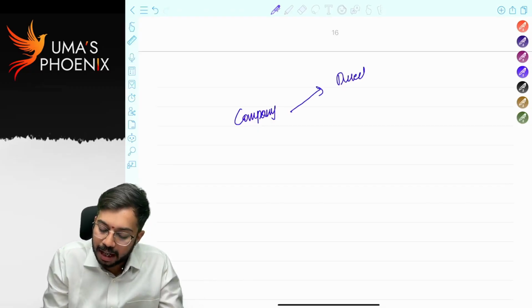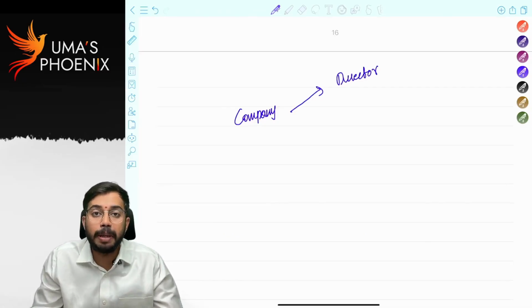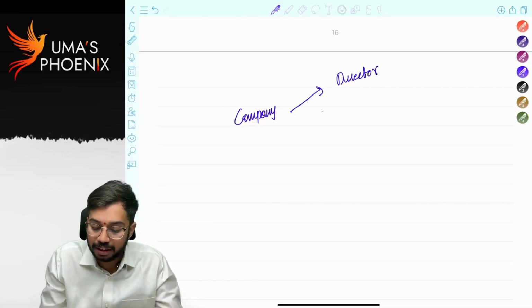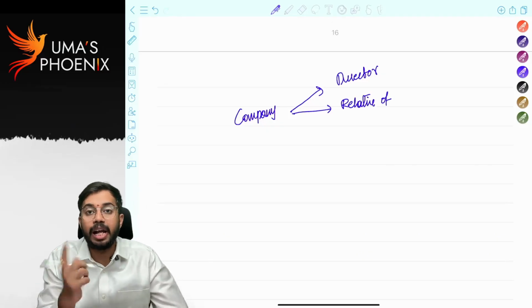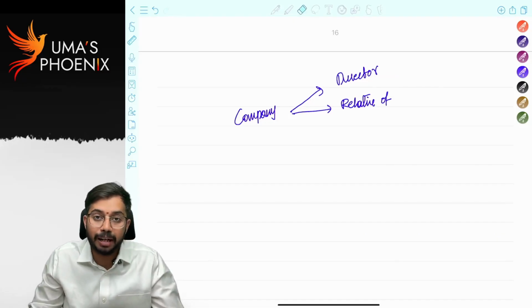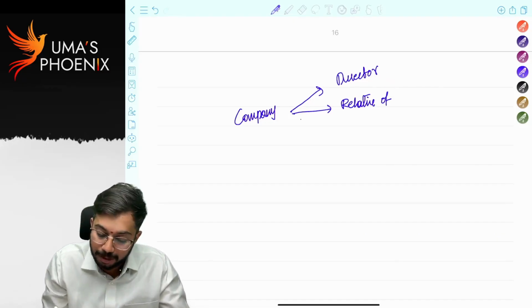the director is considered as a specified person. Any excess payment made to a director is not allowed as deduction. Not only the director, a relative of the director is also considered as a specified person. For a relative of the director, if any excess payment is made, it is not allowed as deduction.